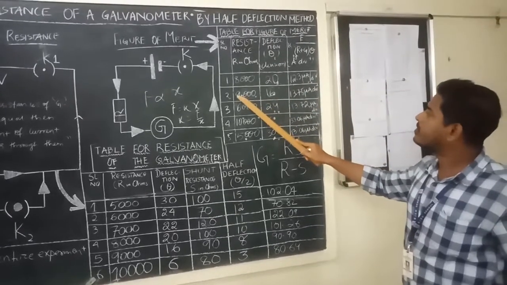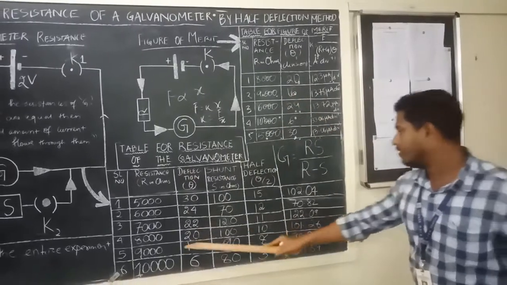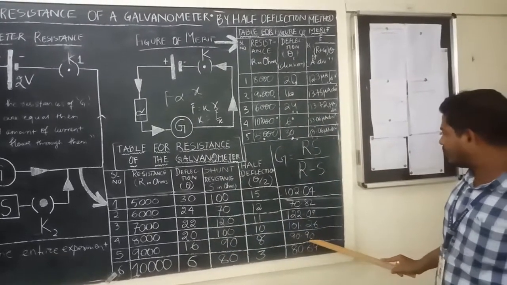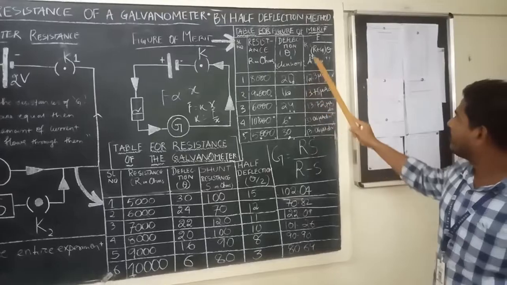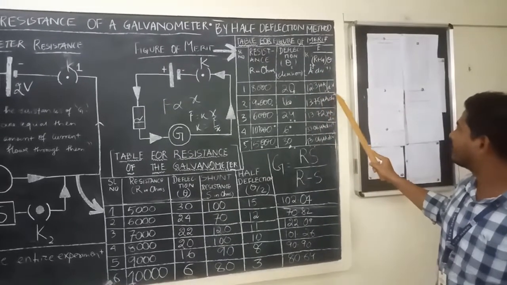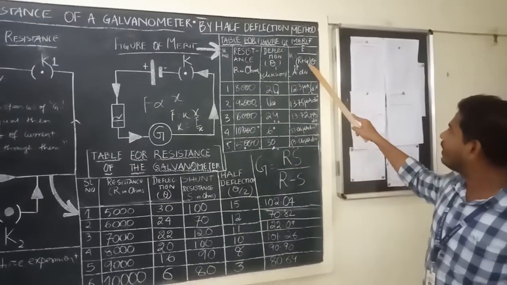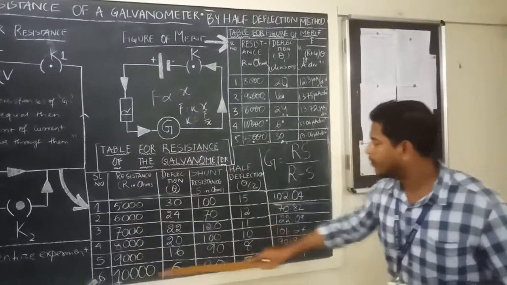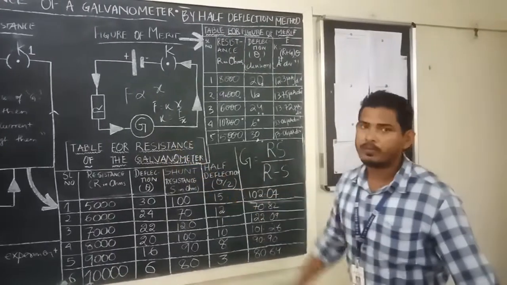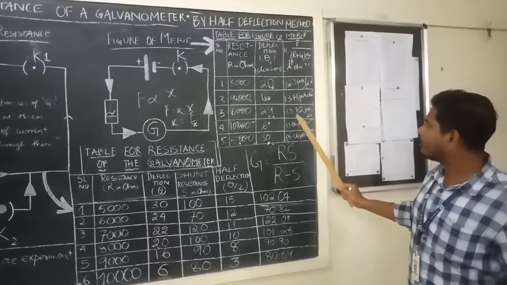Similarly, for the resistance of 9,000, deflection of 16 and G of 90.90, the respective K or figure of merit will come around 13.75 microampere per division. So like this you can calculate for other resistances by using the formula, taking the data from the previous table.